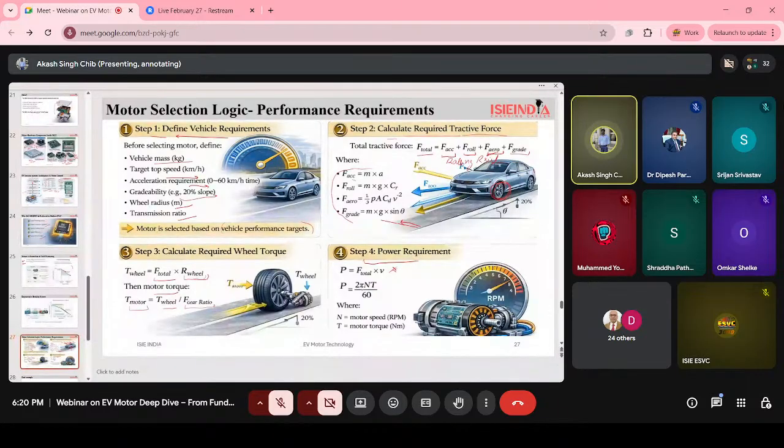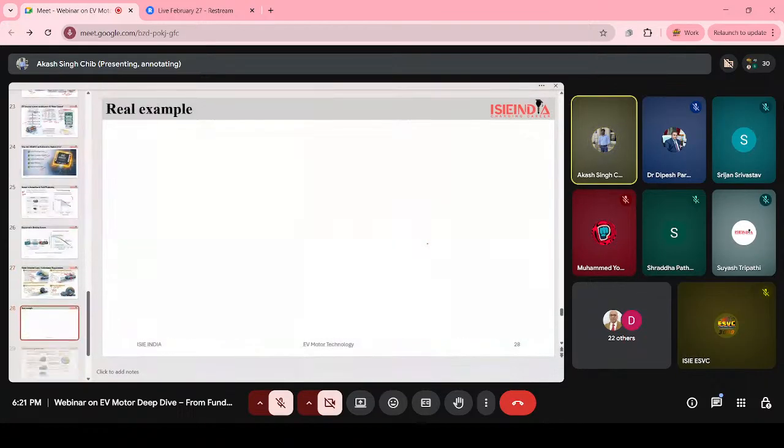Here is the formula; we have discussed this and done some calculation on it. n is the motor speed and T is the torque. Now we will take an example of one vehicle and do some calculation on it.